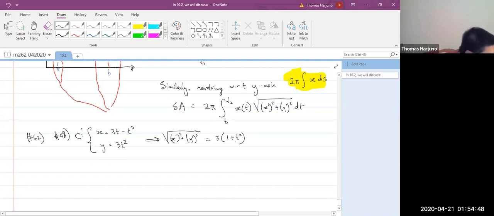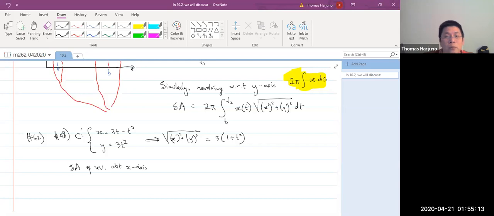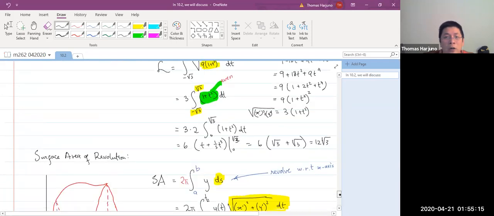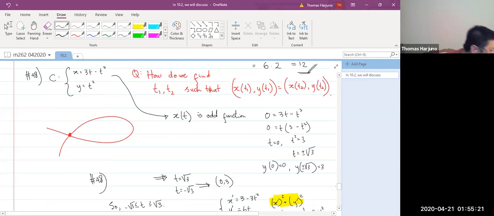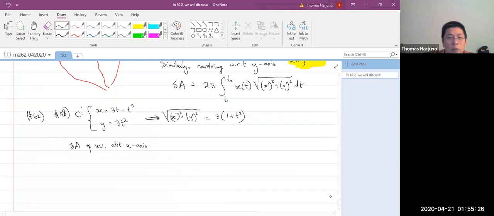Okay, now this number 62, we want the surface area of revolution about the x-axis. Okay, now we know that the curve will be from what to what? From 0 to 1. The curve will be from 0 to 1, actually different from what we have earlier.